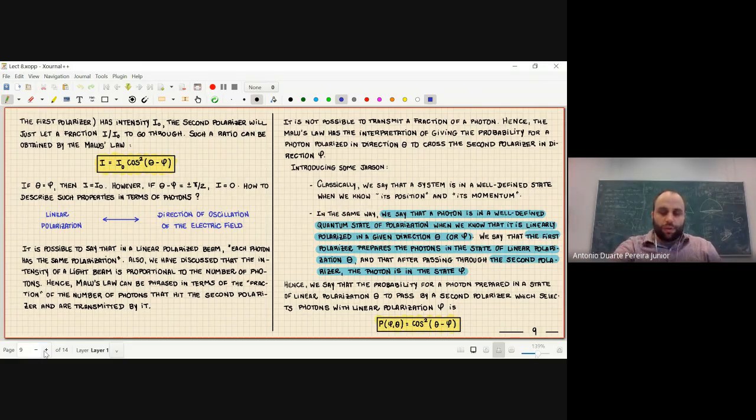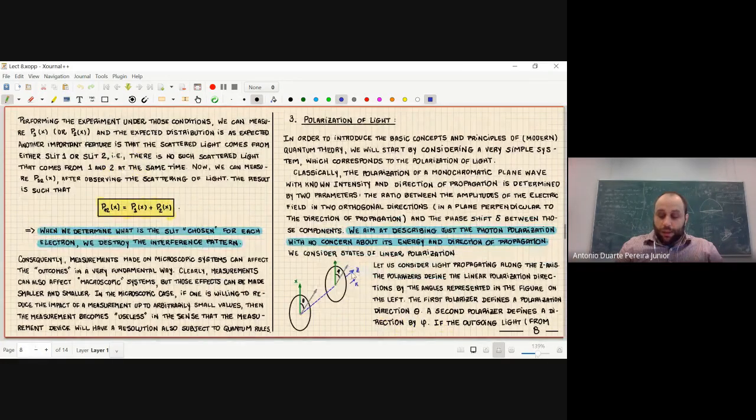If I know the intensity of light here, which I call I naught, I know how to compute I with the information about I naught and the angles of the polarizers.